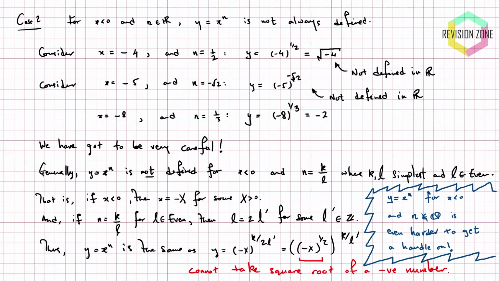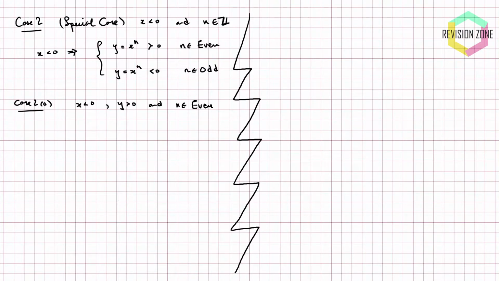Okay, so the way forward would be to consider a special case. We still take x to be negative, but let's now restrict our n to be just integers, so just positive and negative whole numbers. You'll see that in this case, we can do our differentiation and get the same result that we wanted.